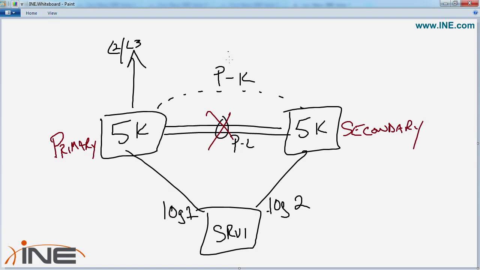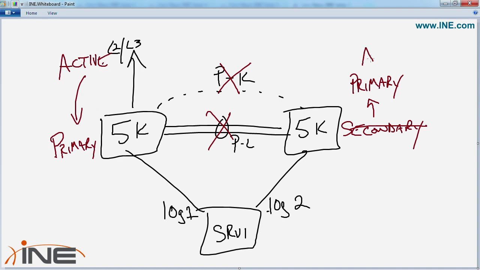But the problem that we're trying to prevent to begin with is that if the peer link goes down and the keep alive goes down, then the secondary promotes itself to the primary. So now we have the split brain. This one is active, and this one is active. When the traffic forwards out, it's eventually going to get dropped. And that's what we saw with router 2, even though the links were still fine.